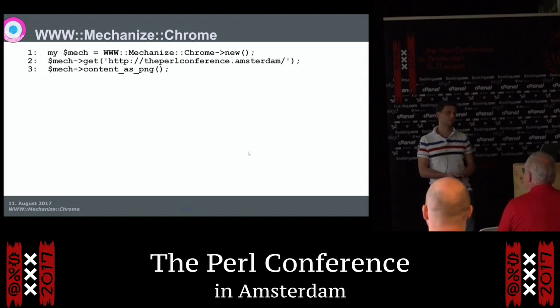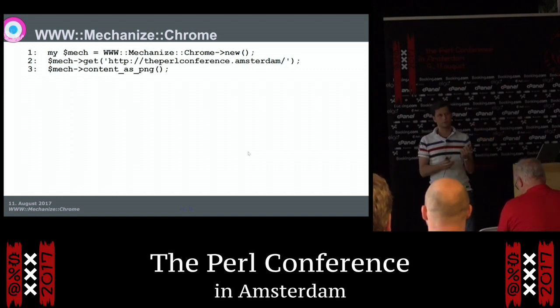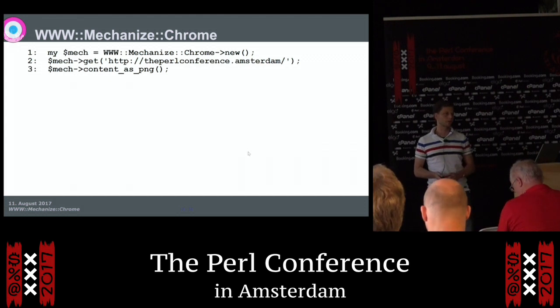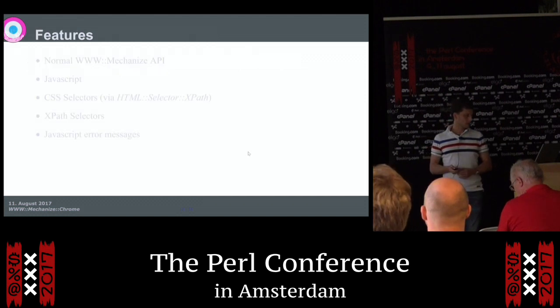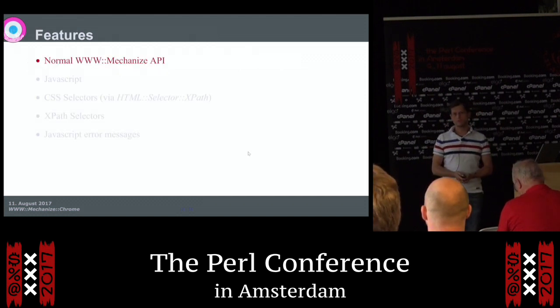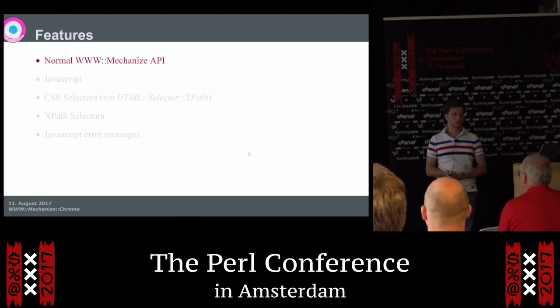You would use that maybe for documentation or logging, or maybe even comparison if the layout of a website changed, but that's hard to do. So yeah, the features of the Mechanize object are mostly the normal Mechanize API you already know.